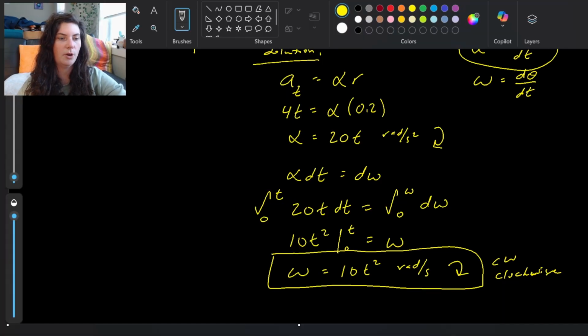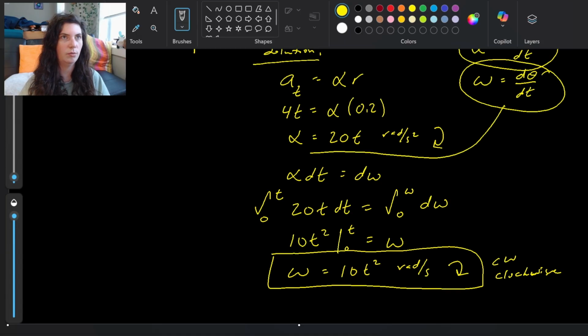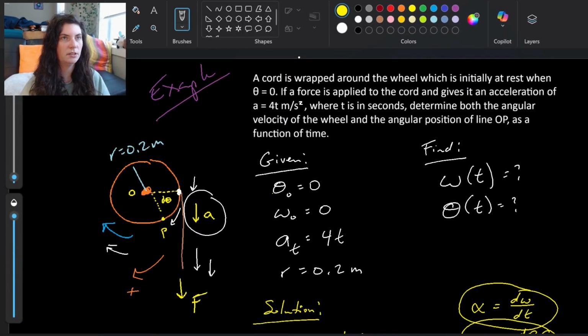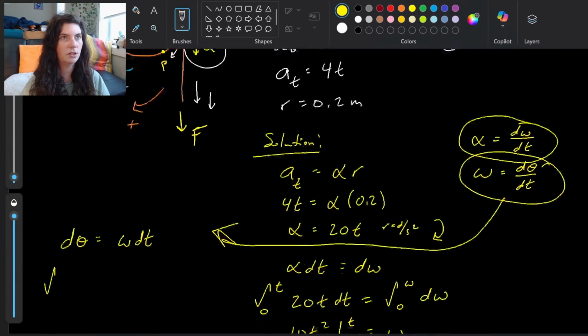And so that was our first part. Now our second part was to find that angular position, and we can do that by integrating. And I'm actually going to do that over here. If I rearrange this so that I get d theta equals omega dt, integrate, it told us, if I pop back up here, that our initial theta was 0.